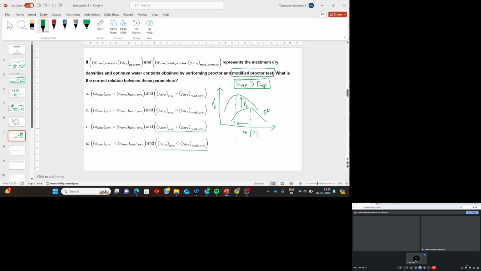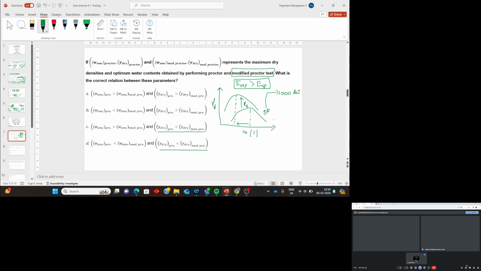Now, for example, let us say you are applying 1000 kilojoules of energy. You will attain a particular density. Let us say standard Proctor corresponds to 1000 kilojoules, though not exactly, for argument's sake.